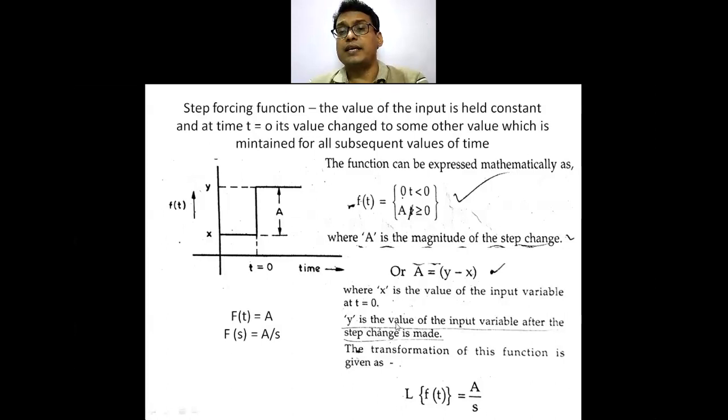So y is the value of the input variable after the step change is made. So function f(t) is equal to A, and in terms of the Laplace transform, F(s) is equal to A upon s. So the Laplace transform of f(t) is equal to A upon s. f(t) is a function having the value A for time t greater than or equal to 0.